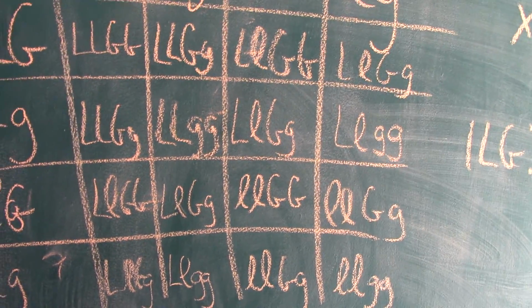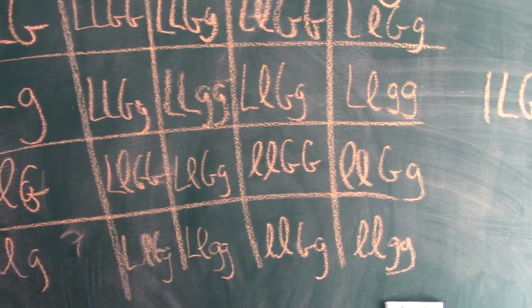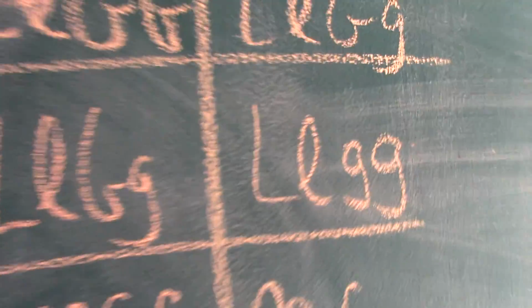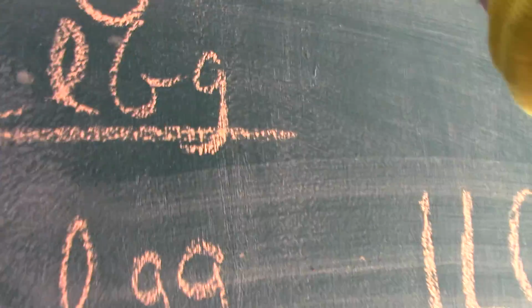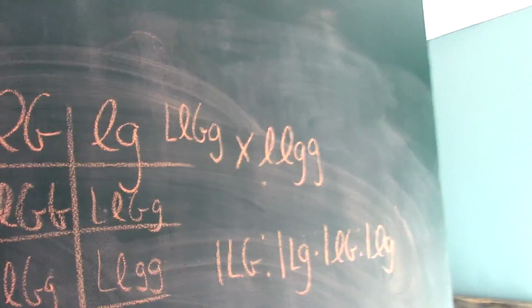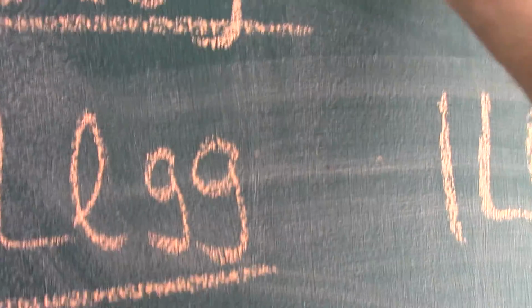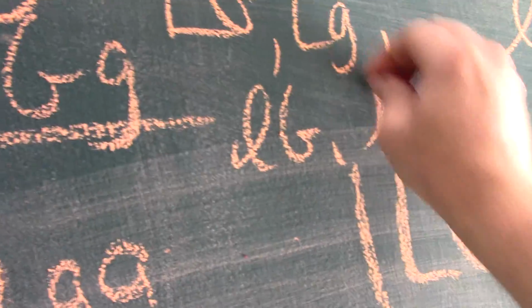This is trial and error, but I'm going to point out that the only genotype that's going to give that to you when you cross with a test cross is a heterozygote for both traits. This 1 to 1 to 1 to 1 ratio is always going to be a heterozygote with a test cross. So when we make this Punnett square, it's little l little g, and then you're going to have big L big G, big L little g, little L big G. And so here's my gametes.